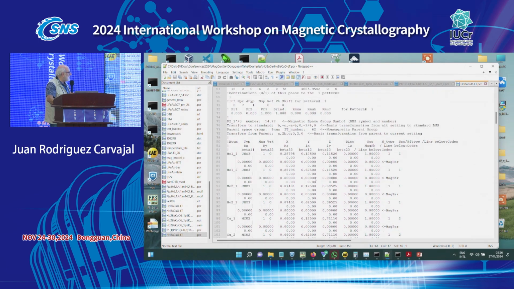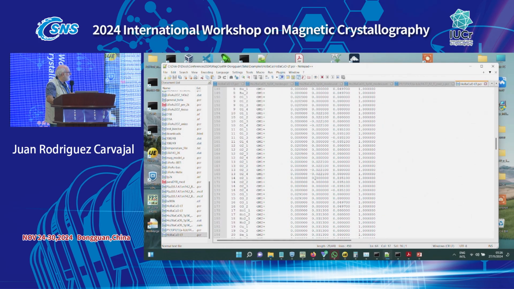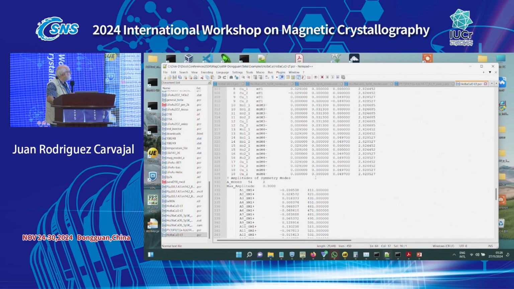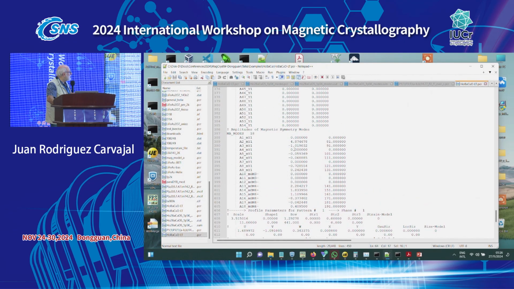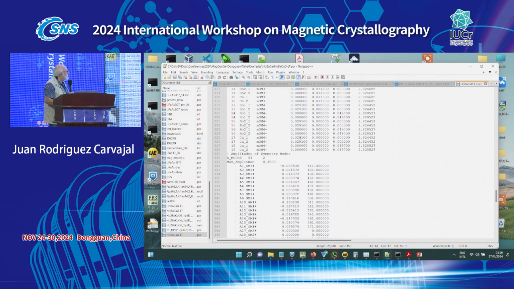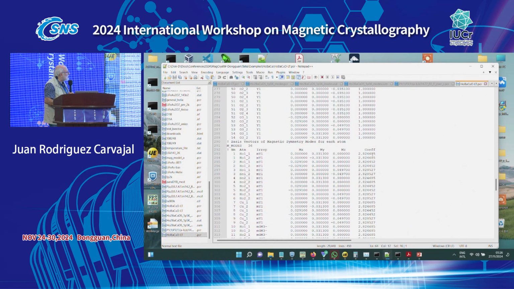Why do I put that? Because these numbers that we have in the magnetic part here, the symmetry mode numbers, we want to have in Bohr magnetons. And then the program will calculate from the normalization, without changing, as you see here, I have calculated a coefficient in the basis vector of magnetic symmetry modes for each atom.